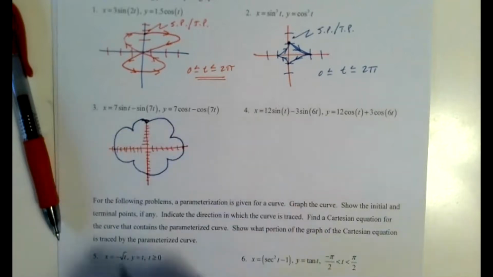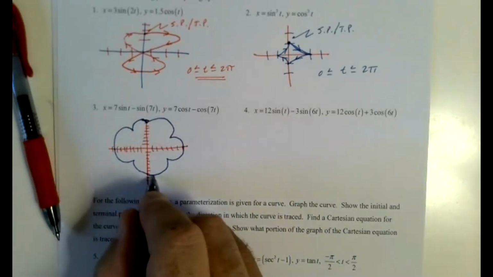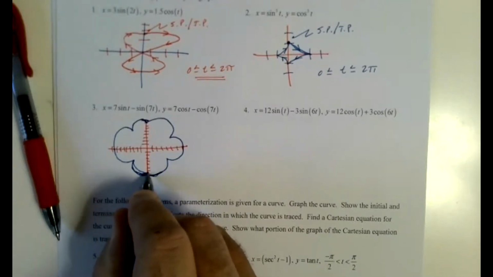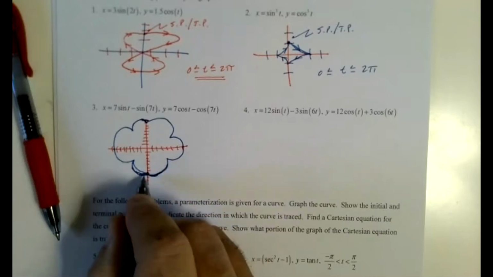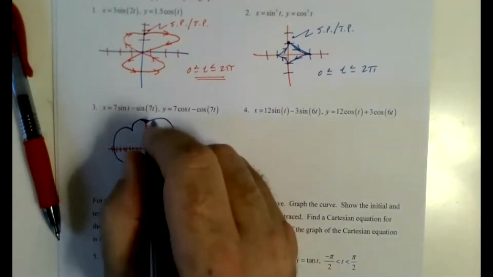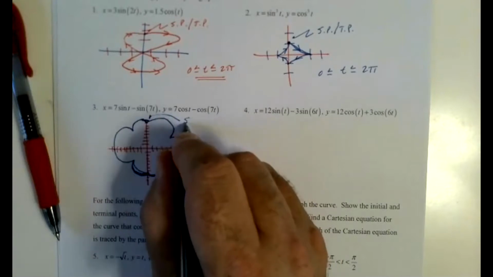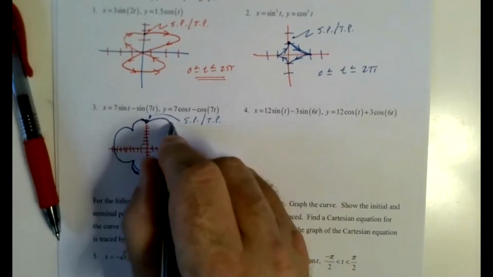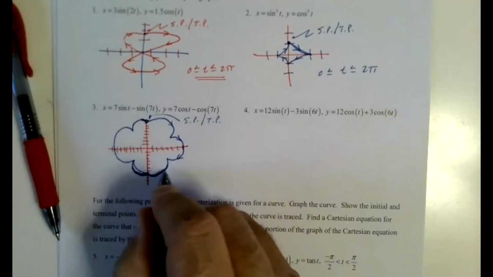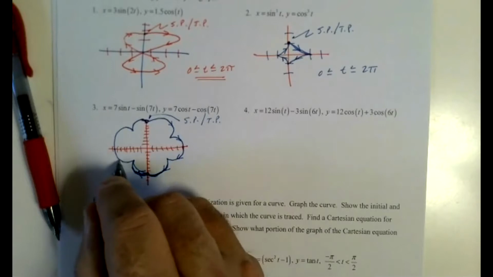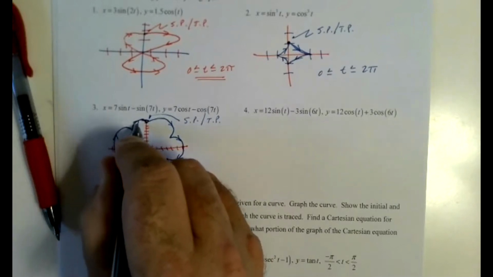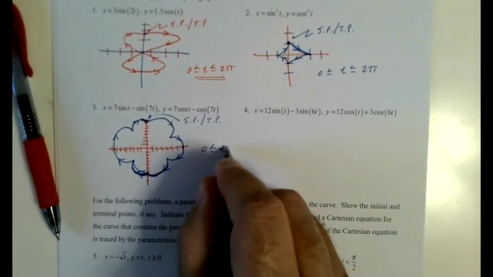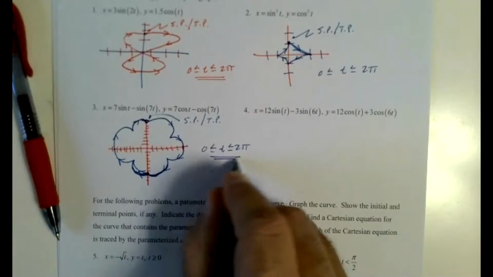Bring it down there, which means there should probably be one down on the other side. So this should really be more like this. Something like that, whatever. So we got a starting point and the terminal point, which is weird that it has that in every one. But whatever, we're just learning to graph with our calculator. That'll do. And once again, shocker, 0 less than t less than or equal to 2 pi.